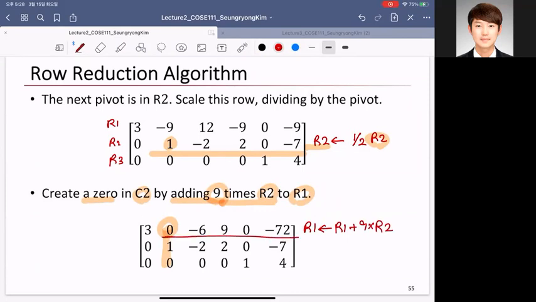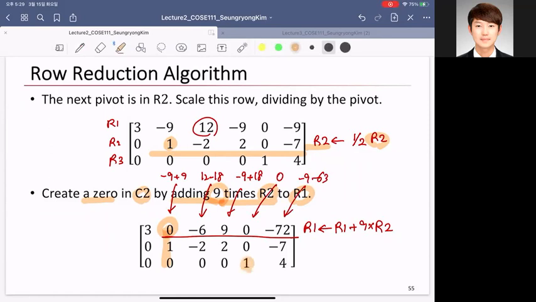그렇죠? 계산해봐요. 어렵지 않으니까. 뭐 해볼까요? 9 plus 9 here and 내가 12, 그렇죠? 이 12에서 12 minus 18 here and negative 9 plus 18 here and 0 here and negative 9, 63 here. Then it should look like this. Okay, so we made this pivot position and this pivot position 1, right?